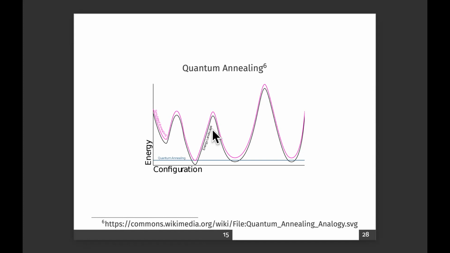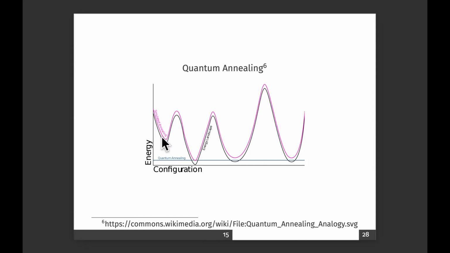But then as you cool the system, and you vary the magnetic field slowly, these electron spins will tend to align themselves in such a way that the total energy becomes minimum.